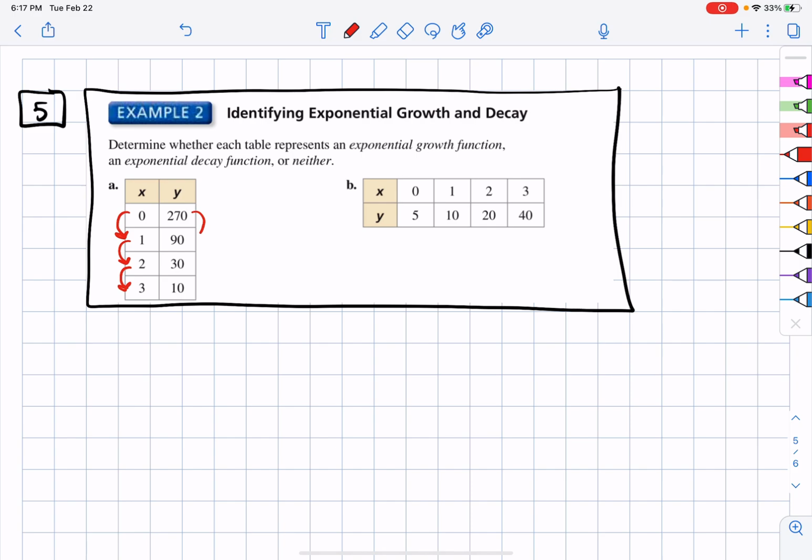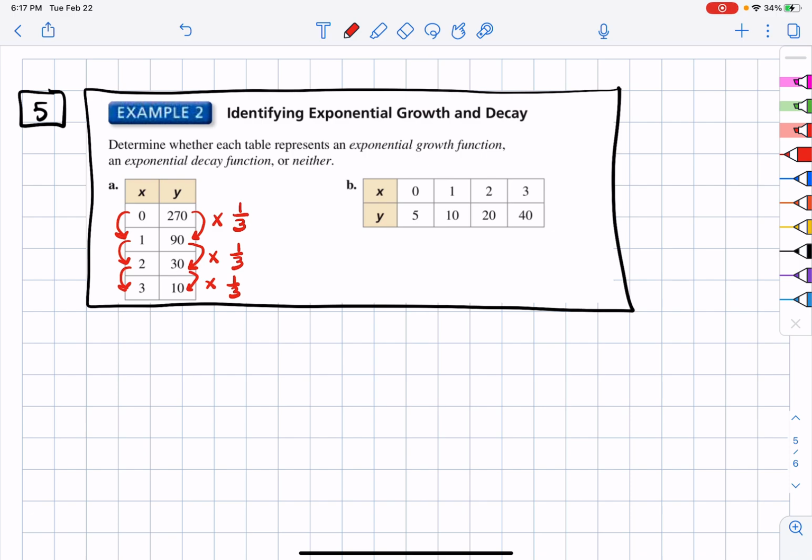Then look at the y's and ask yourself, what do I have to multiply 270 by to get to 90? And hopefully you see that you're multiplying by a third. What do I have to do to get from 90 to 30? Well, again, I'm multiplying by a third. And then lastly, from 30 to 10, I'm multiplying by a third. So as x's are increasing by 1, y is being multiplied by a third.